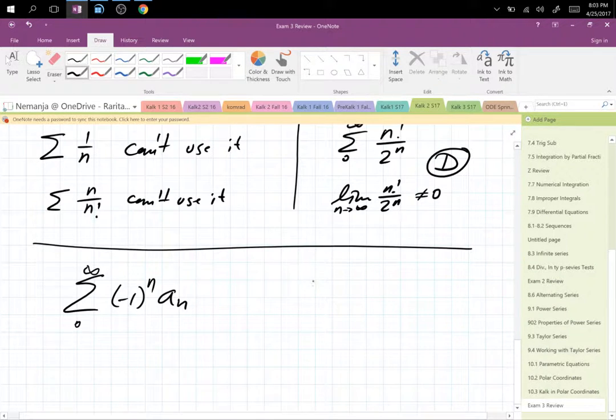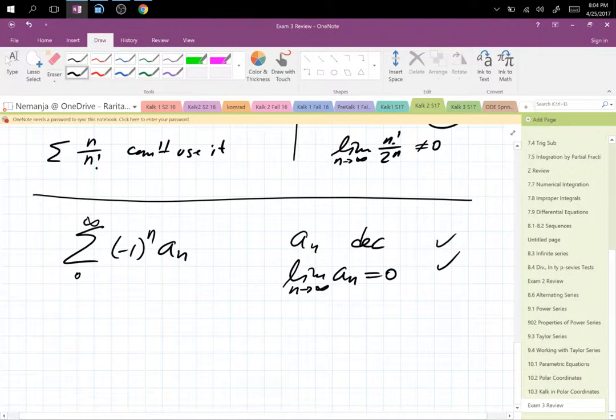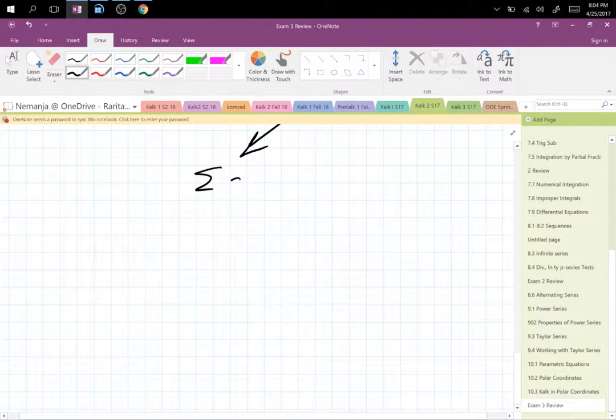And then I said that a_n needs to be decreasing, and the limit of a_n as n goes to infinity needs to be 0. And if those two conditions are met, then you are going down the convergence branch, and then you are testing the summation of a_n.